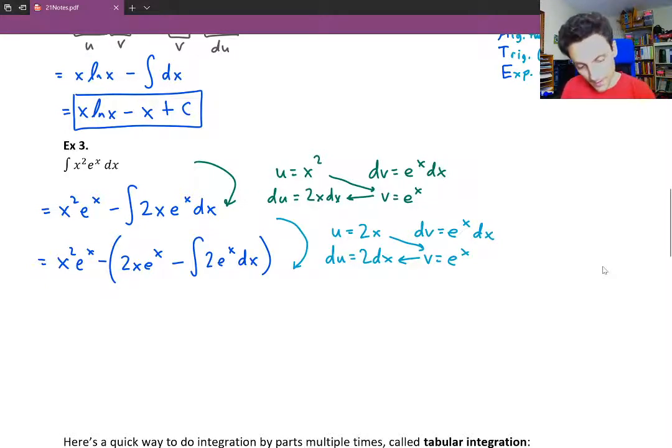Okay. Now, a couple last things. We're going to integrate 2 e to the x dx. That one we can integrate. The 2 can pop out. We just have the antiderivative of e to the x, which is e to the x.